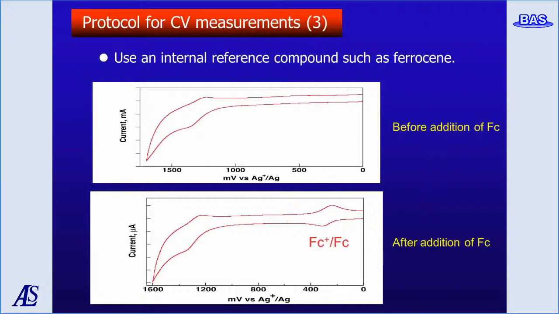So, for the CV measurement of a new analyte, at first we check the solvent background, and then by dissolving the analyte into the solvent, the CV is measured. Finally, ferrocene is added as the internal reference, and the CV is measured. The obtained peak potentials of the analyte are converted from versus Ag+ to the ferrocenium couple scale.